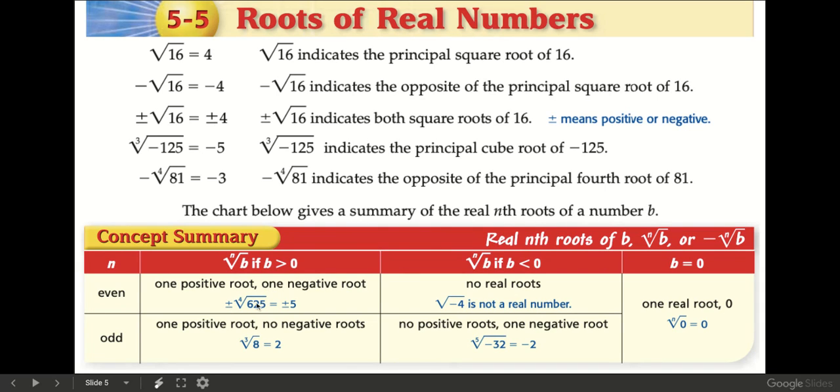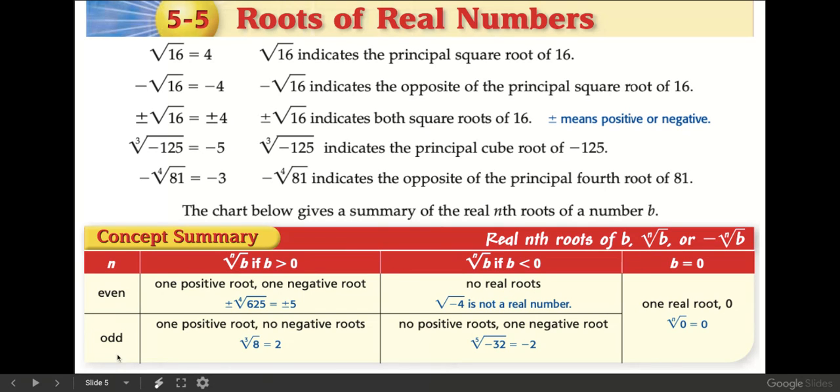So if I did the fourth root of 625, that could either work with positive 5 or negative 5, and that's only if the radicand, the thing I'm taking the root of, is positive. If it's negative, if I try to take the square root of negative 4, that is not a real number because no number squared is going to give me negative 4. I don't have anything times itself that would ever give me negative. So in this scenario, there would be no real roots.